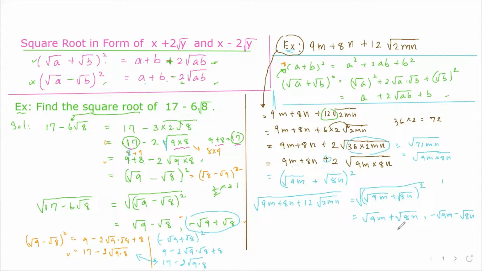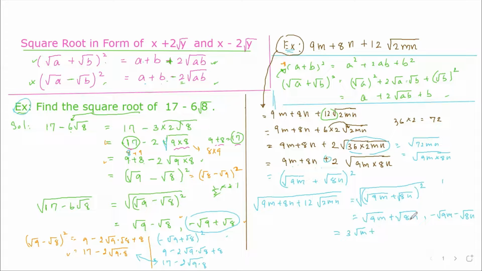Again, why? When you power 2 for both sides, what comes out will equal the left hand side like this example. Okay, so this is the final answer for this one. And at the same time, you see, 9m you can take the root, right? And 8 also. So we go ahead and do it, otherwise make it lower term. So 9 becomes 3 root m, right?